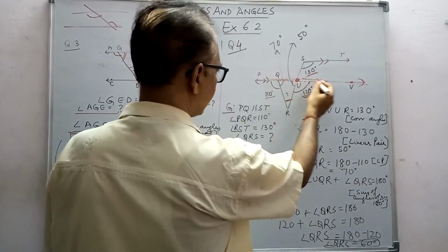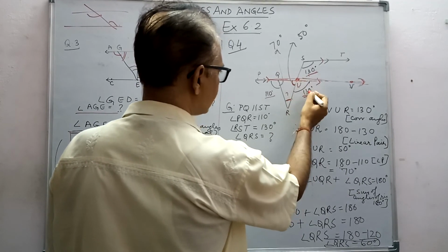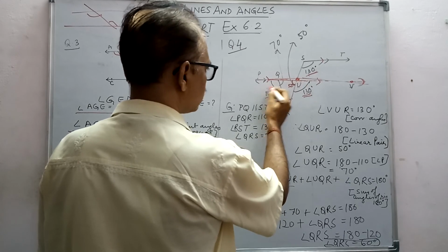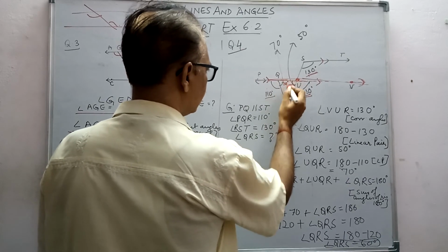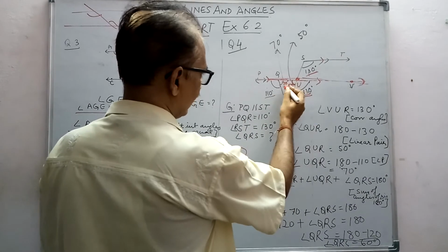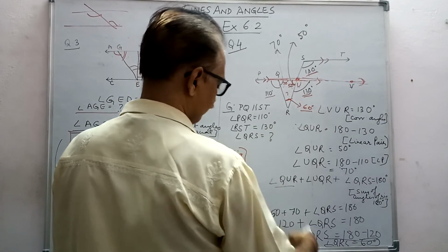This is a straight line, so this angle will be 180 minus 130, that is 50 degrees. Similarly, this is a straight line, this is 110, so this angle will be 70 degrees. This 70 and this 50, add them, that is 120. So 180 minus 120 will be this, that is equal to 60 degrees. Okay, the working is here.